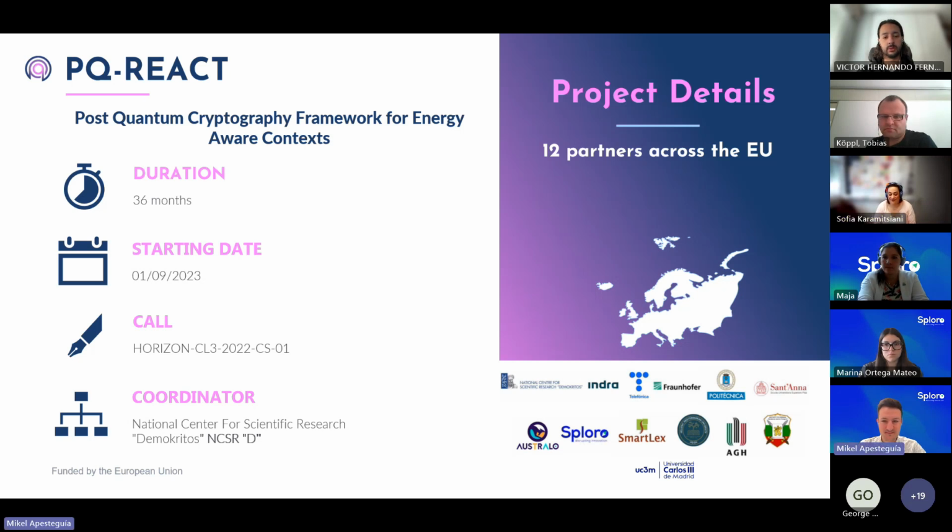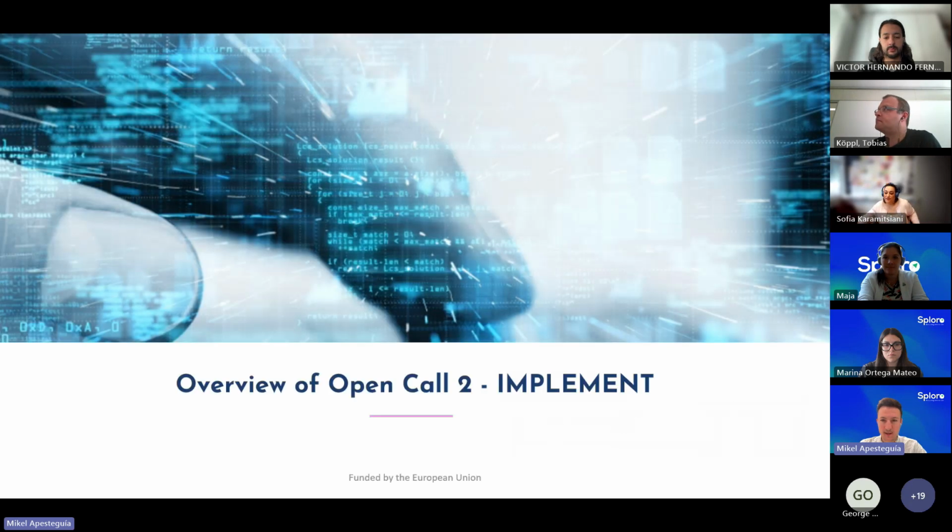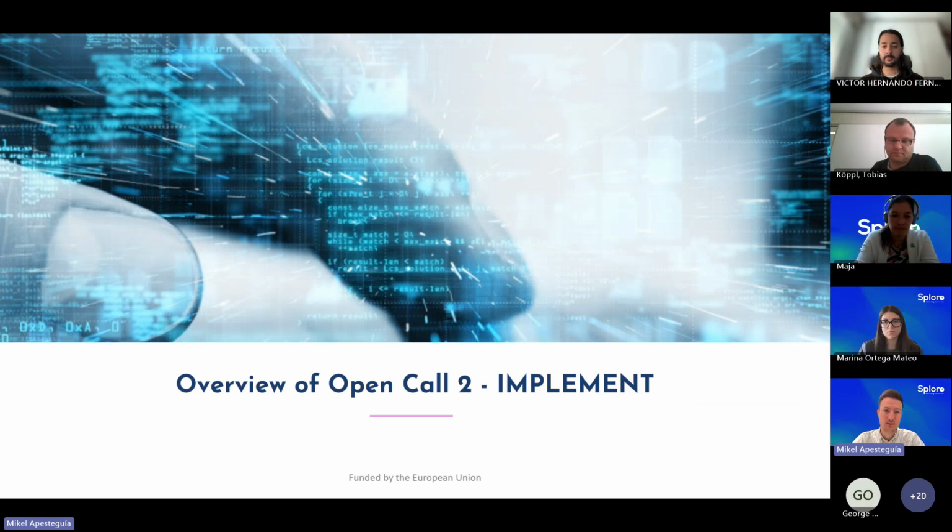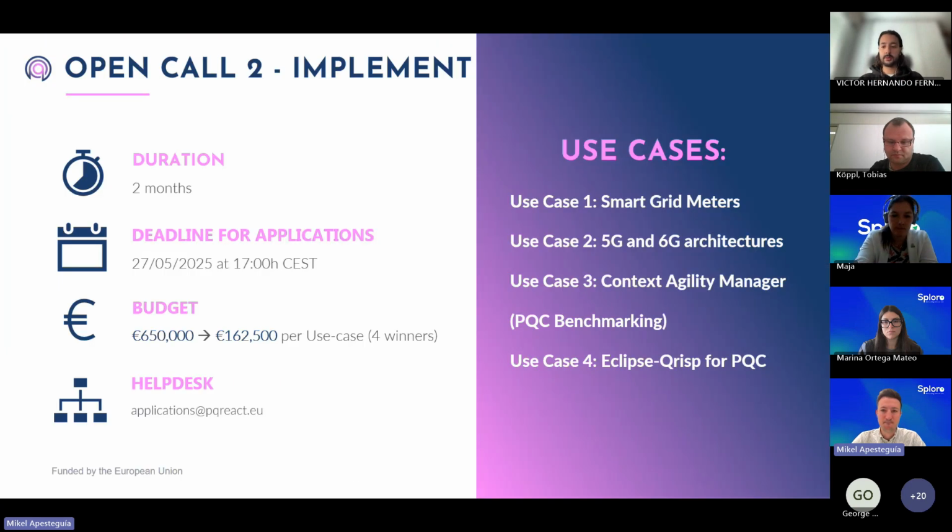Thank you very much, Sofia. So let's go into the core of the InfoDay, the open call. This second open call of the project is about implementation. This call focuses on implementation of a set of post-quantum cryptography solutions across our 4 strategic use cases.